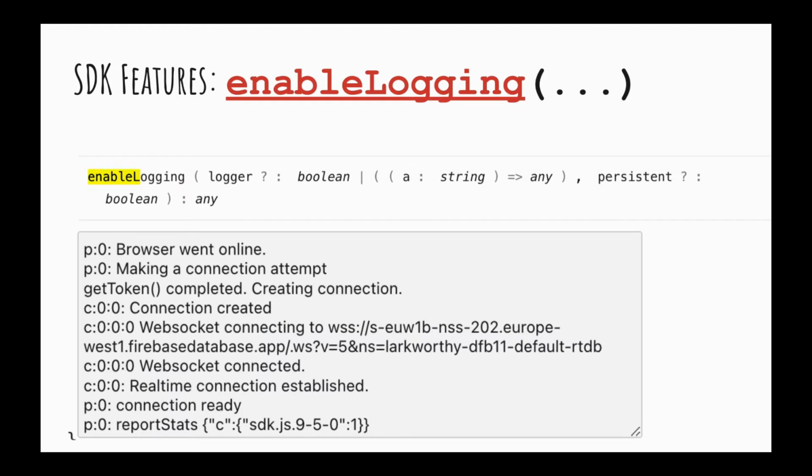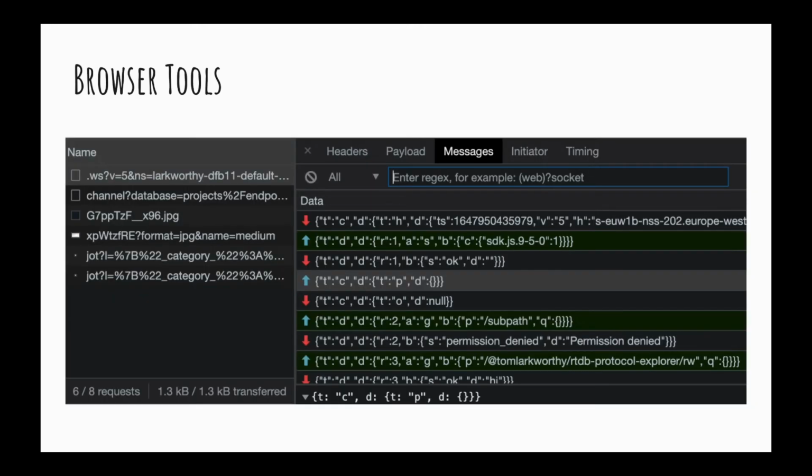And you can redirect the logging output to alternative printers, which is a trick used in the wire protocol notebook to display on screen the SDK logging output. Another useful source is the browser developer tools, which you can use to inspect running WebSocket and HTTP conversations on a live client.